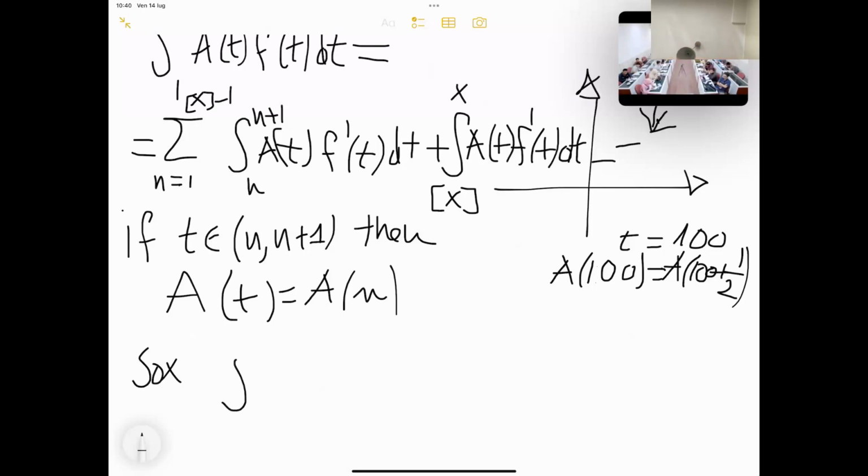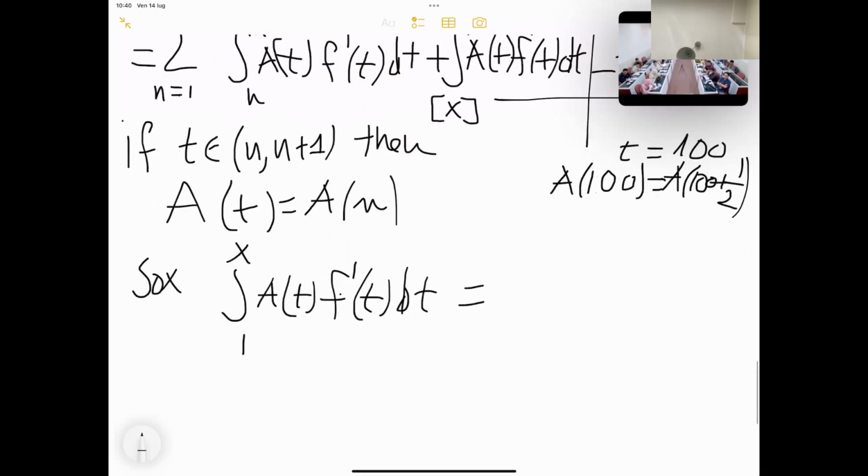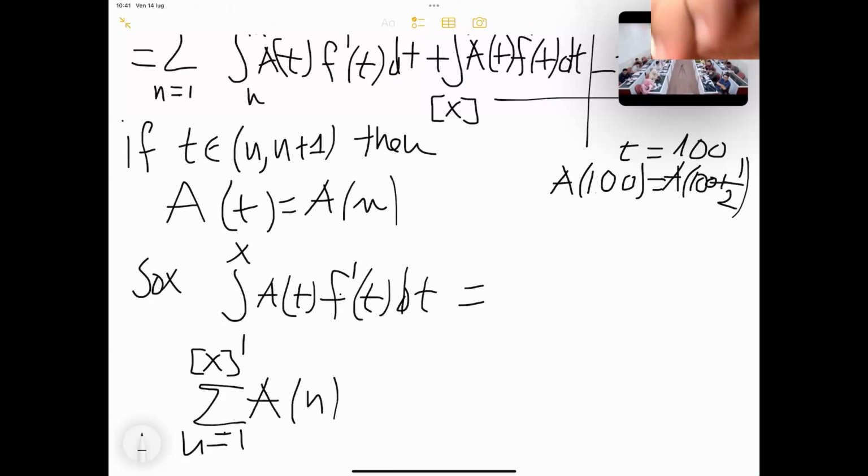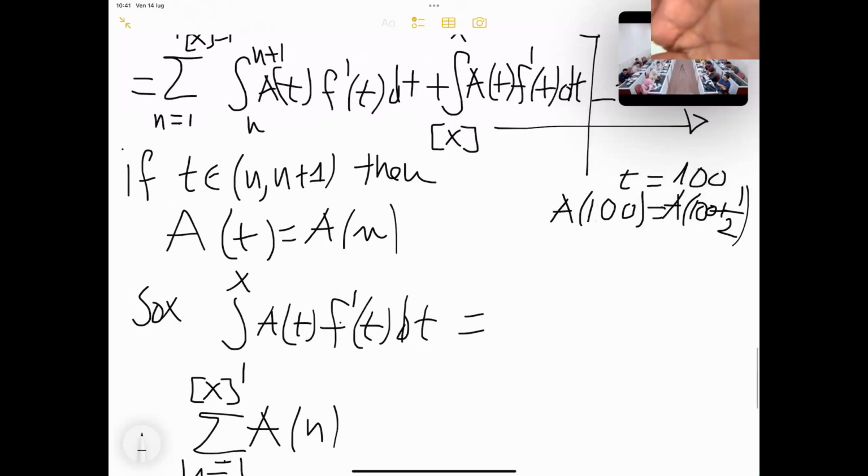So the integral between 1 and x of a of t f prime of t dt can also be written as the sum for n that goes from 1 to integer part of x of what? Of a of n, because between n and n plus 1, a of t is a of n, and it's constant, right?